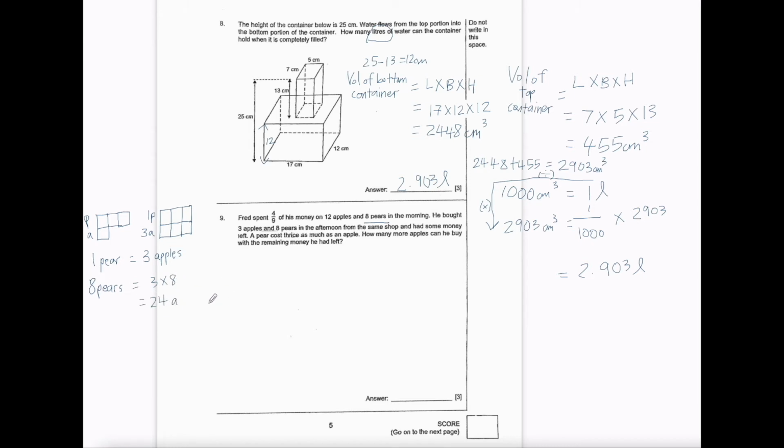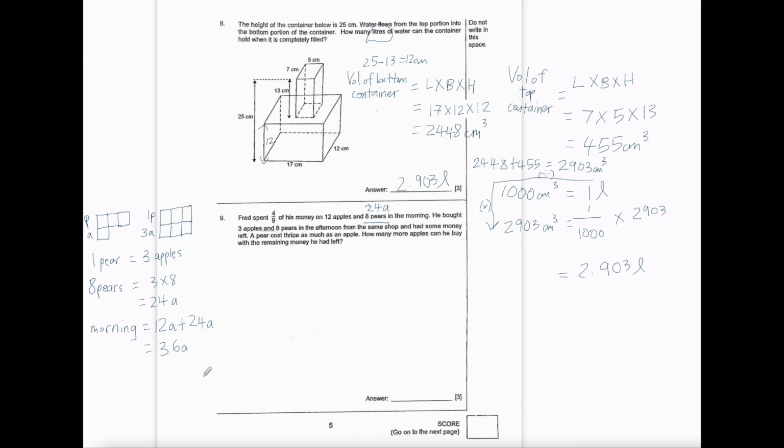Okay, I'm just going to put A and P for now. So morning equals to 12 apples plus, now 8 pears have turned into 24 apples. Okay, so in the morning I actually bought 36 apples.